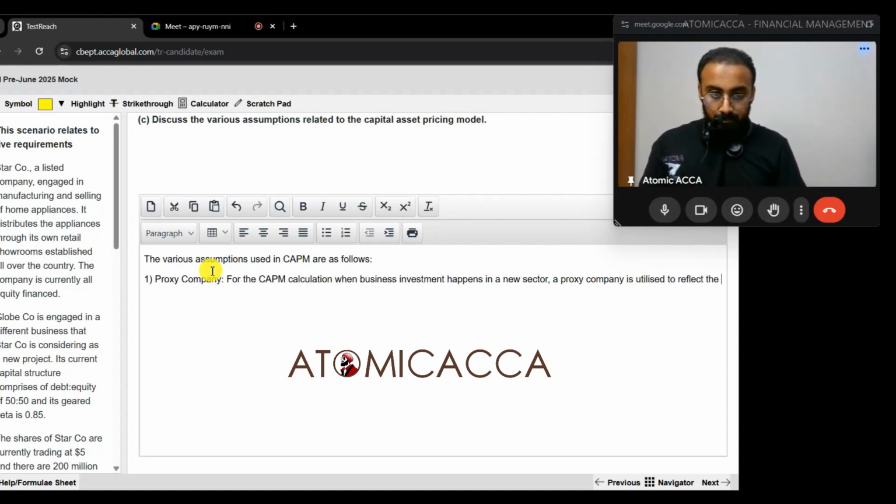A proxy company is utilized for calculation purposes, where removing the company's financial risk, meaning de-gearing means removing financial risk, will give the business risk of that particular industry.